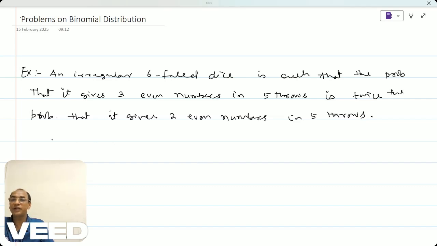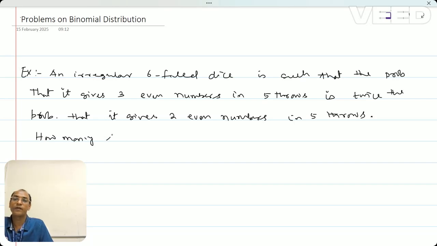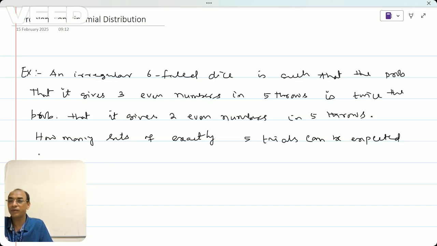How many sets of exactly five trials can be expected to give no even numbers out of 2500 trials sets?